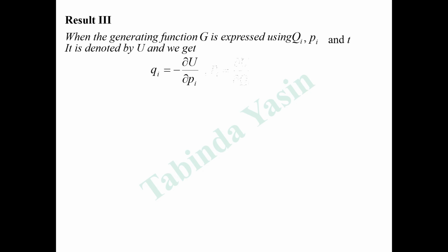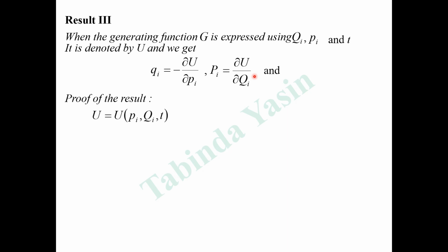Result 3, we are going to start another result, that is result 3. When the generating function capital G is expressed using capital Qi, Pi and t, it is denoted by capital U, and we get small q is equal to minus partial U over partial Pi, and capital Pi is equal to partial U over partial capital Qi, and H naught is equal to H plus partial U over partial t.